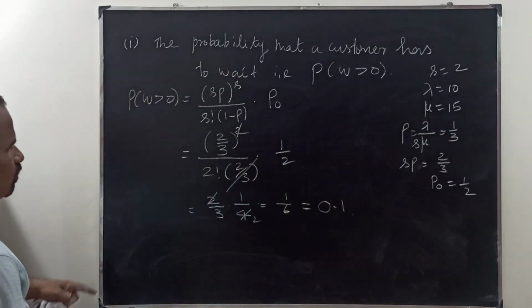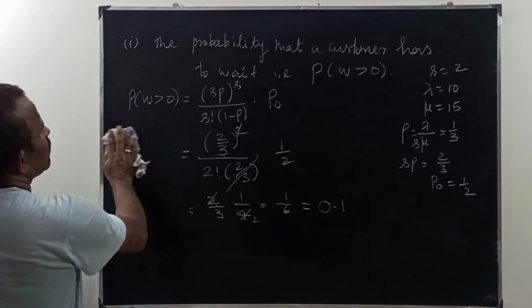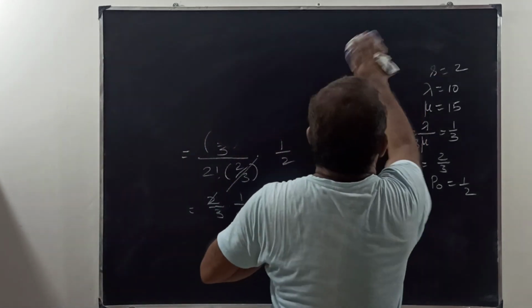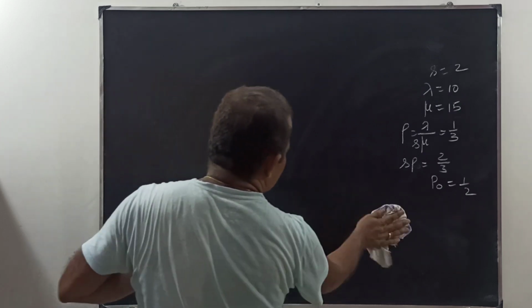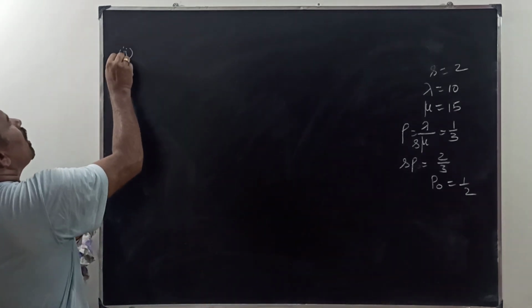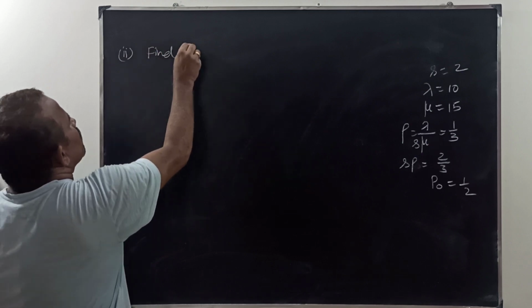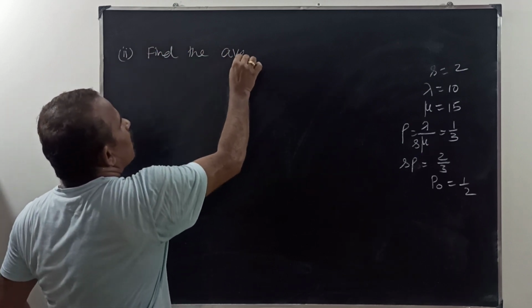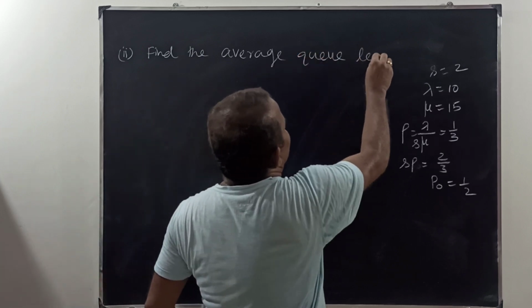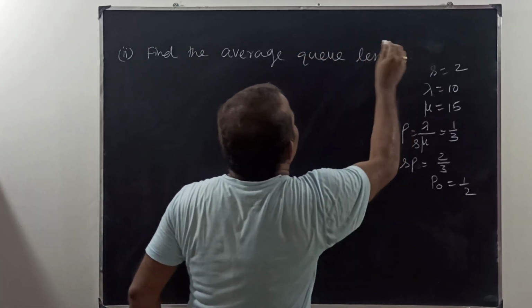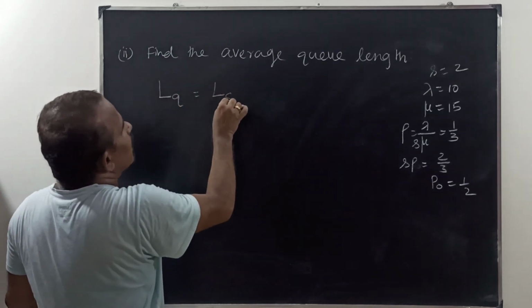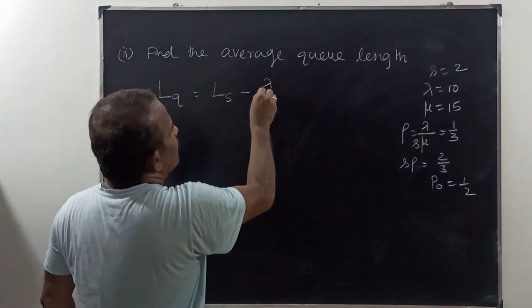Okay. So the second question is, find the average queue length. Average queue length is equal to LQ. LQ is equal to LS minus lambda by mu.